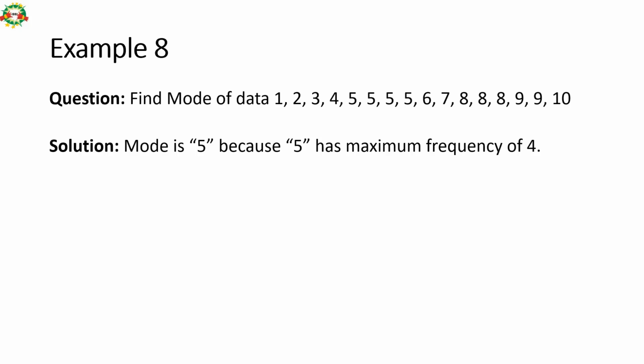Then you see which number has been repeated the maximum number of times. 1, 2, 3, 4, all these numbers come only once. 5 comes 4 times. 6, 7, and 8 come 3 times. 9 comes 2 times. 10 comes 1 time. That means 5 has the maximum frequency of 4. So the mode of this data is 5.